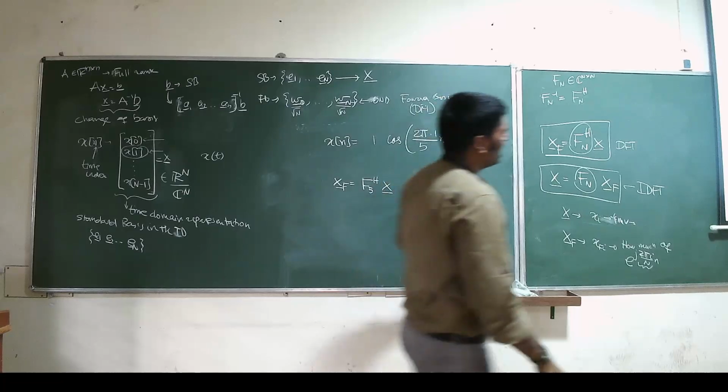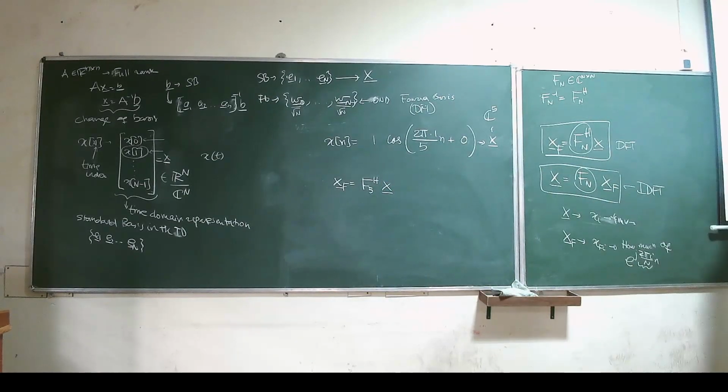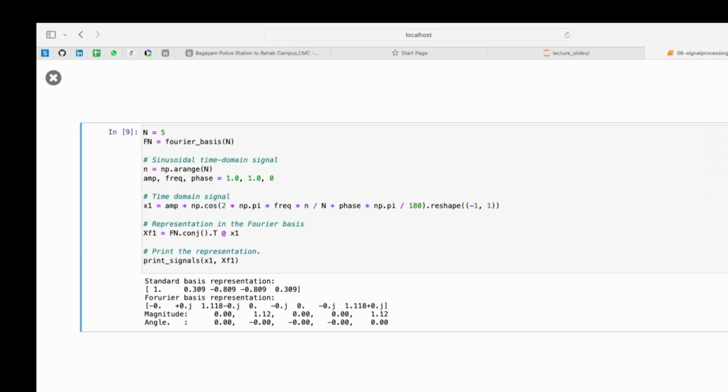What I get is a bunch of complex numbers like this. If you look at this, all of these are 0 except for this one signal. That's essentially because there is only one sinusoidal component here, which was a frequency 1.